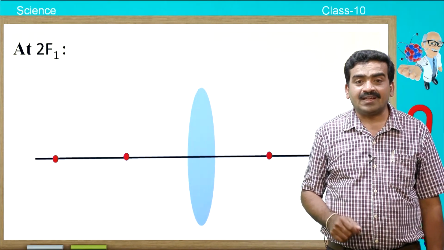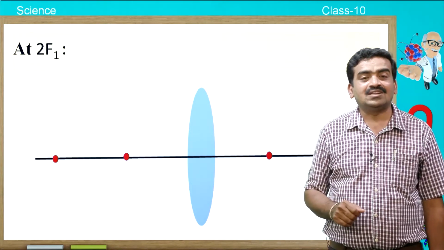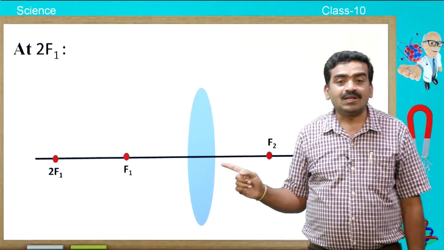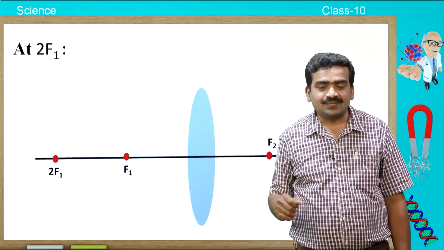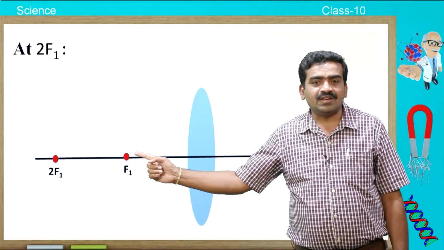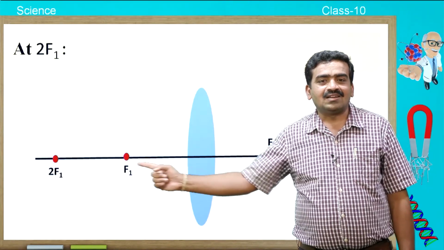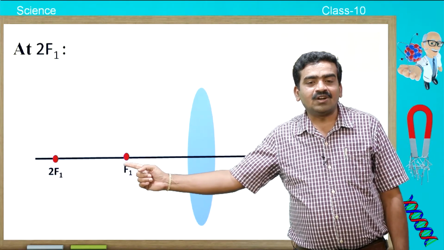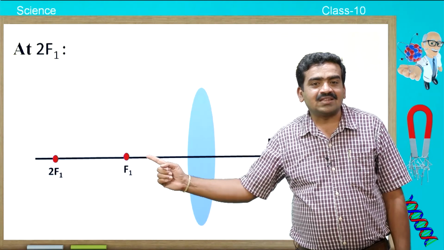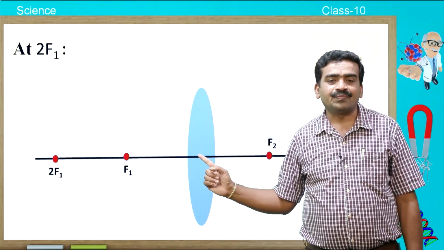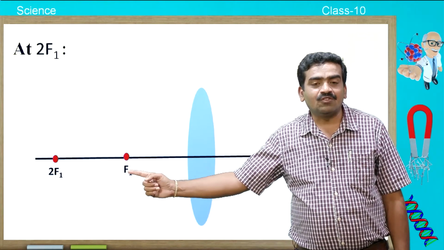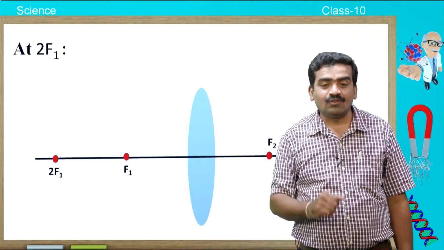If you place the object at 2F1, that is double the focal length of the lens. Here the distance between F1 and O is the focal length, and the distance between F1 and 2F1 is the same as the distance between F1 and O. That is, 2F1 means double the focal length.